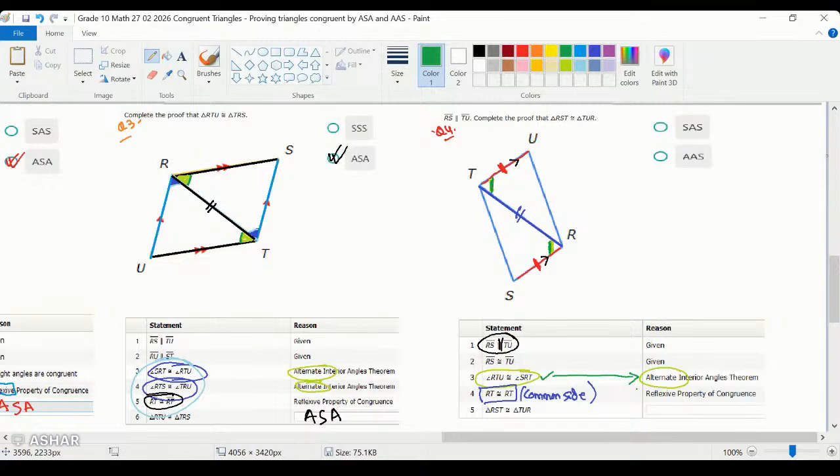And then they said there is a common side. That means we knew one angle, one side. And when they say they have a common side, they give us the information about the third side. And reflexive property means mirror image, right?